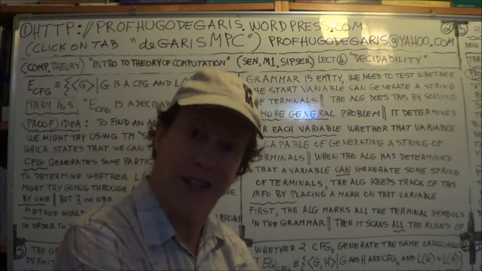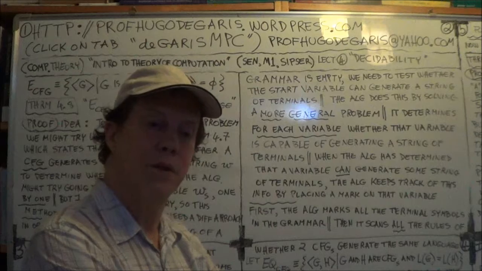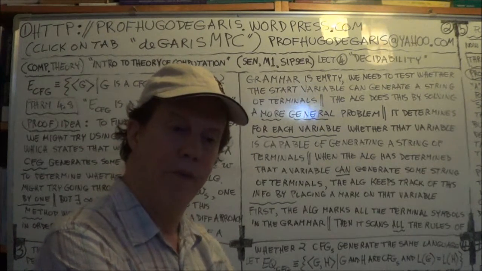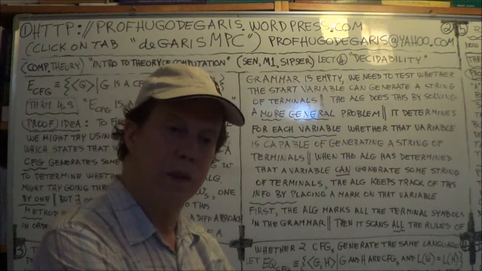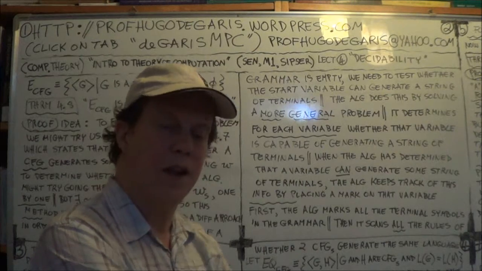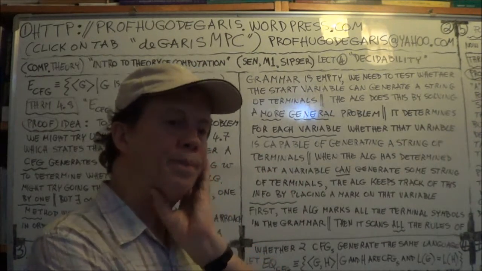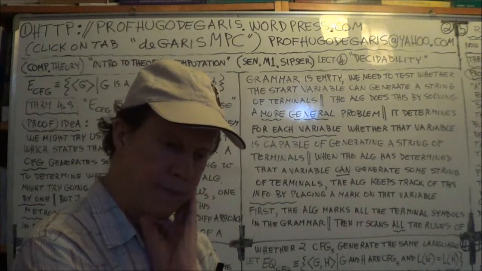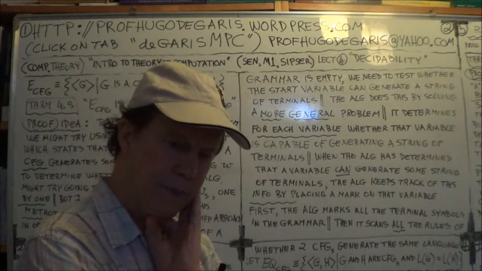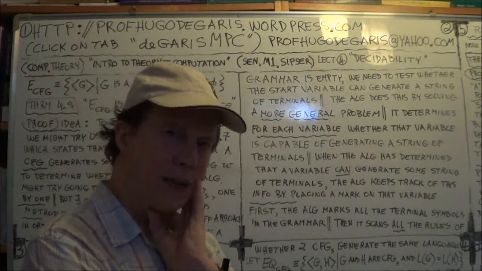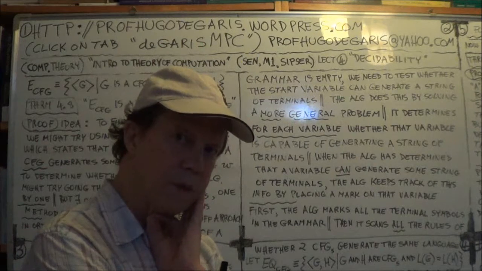So let's concentrate on that idea. So how would you go about testing that? Well, and here's the core idea. Okay. Work bottom up. Put markers on all the terminals, all the terminal symbols.